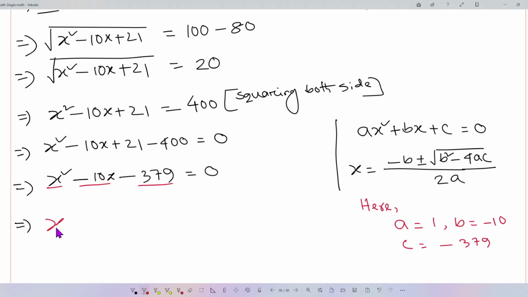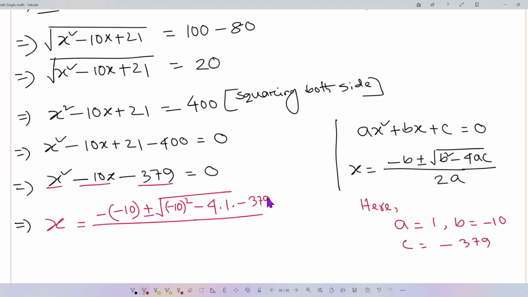So we can write x equals minus b. What does minus b mean? Minus b is minus of minus 10, plus minus root over b square, it means minus 10 square, minus 4 times a, a means 1, and c is minus 379, divided by 2.